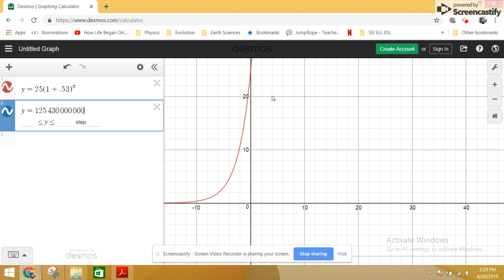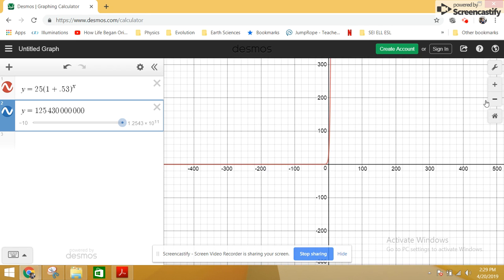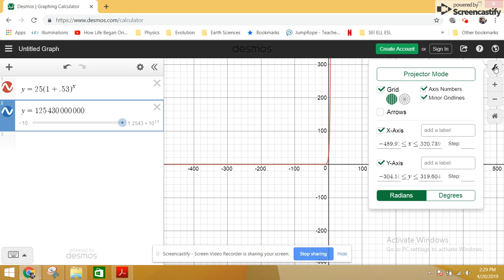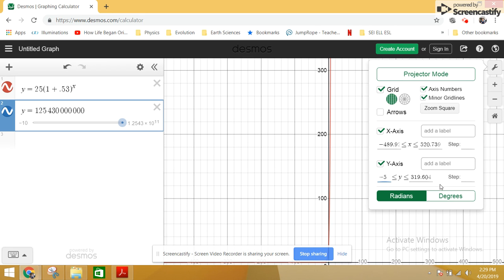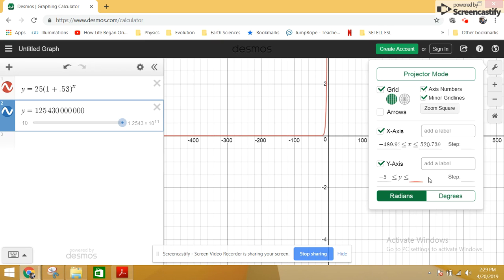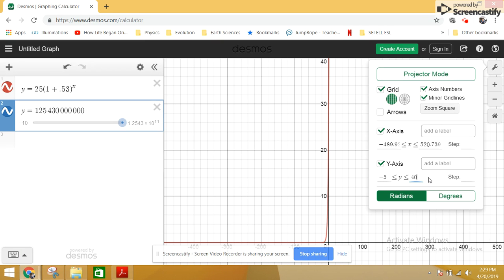Okay, at this point you might think that's going to be a lot of zooming out. I could just go zoom, zoom, zoom, zoom. Oh, that's going to take forever. So instead, I'm going to use my handy dandy setup tool here, and I'm going to go to x-axis. I'm actually fine with the x-axis being something like -5 to, we'll make it 40.